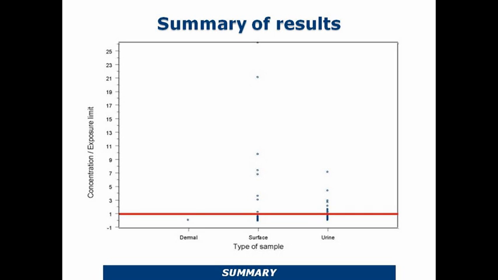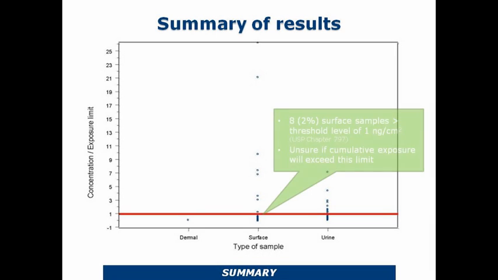So they're not enforceable in the local legislation, but certainly some gauge of what's considered an appropriate level for workers. So essentially, when you have a concentration divided by exposure limit, you would get a value of 1. So any scatter that you see above that is considered overexposure.